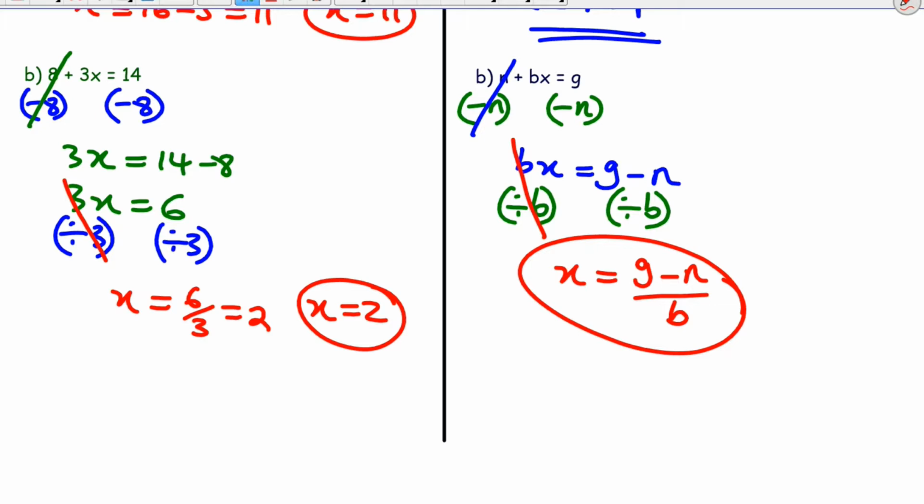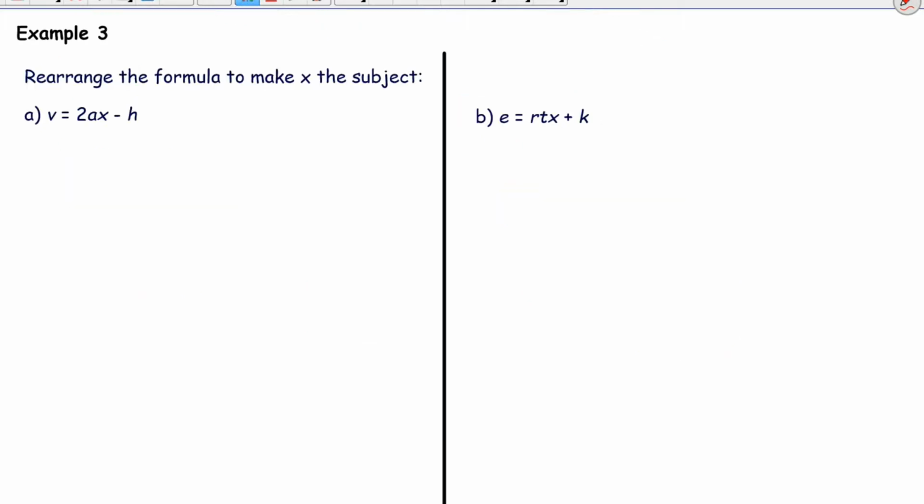Okay, we can apply the same process in example 3. So rearrange the formula to make x the subject. Okay, we want x to be on one side, so we can start by getting rid of the minus h because you want x to be left on one side.